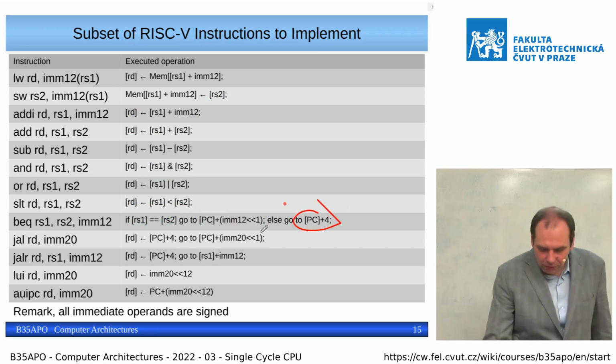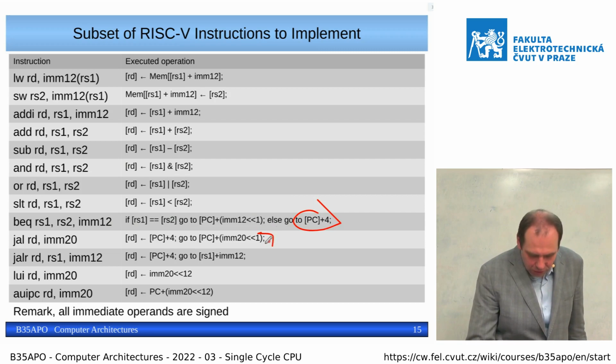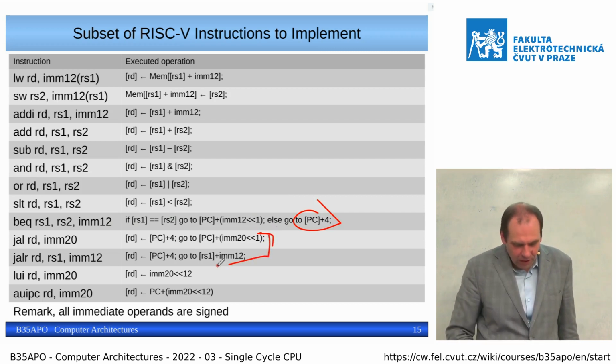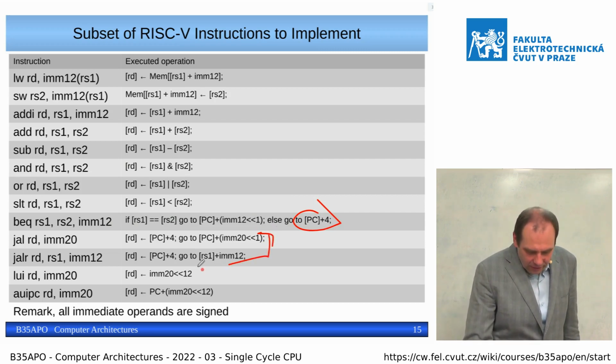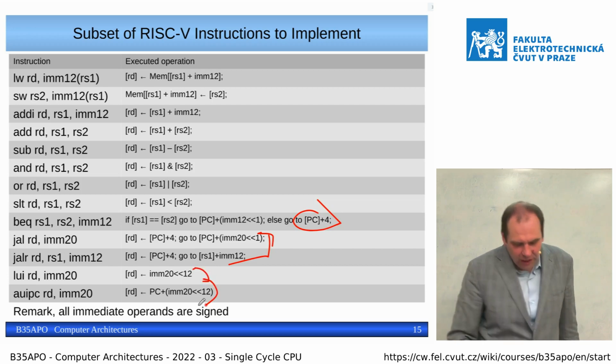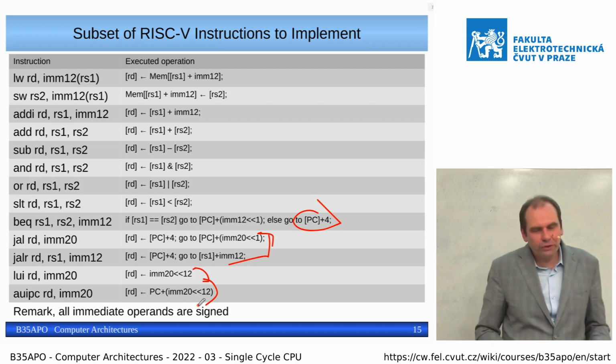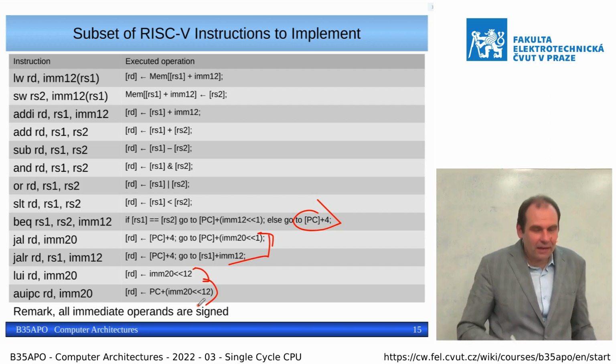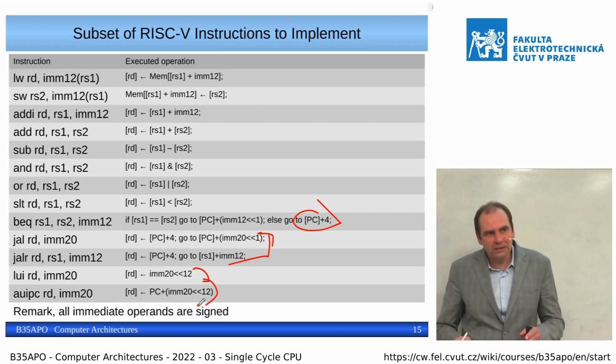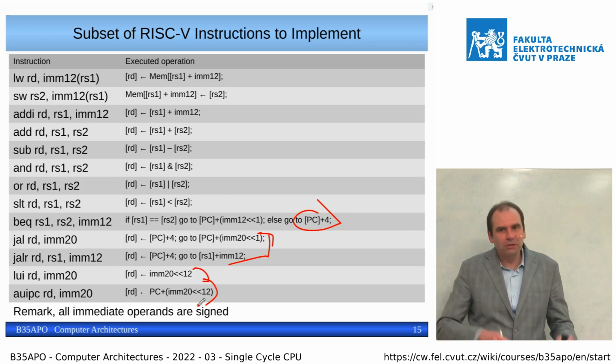And then there are those special instructions to call subroutines. We skip them for now. Then there are two instructions which allow setting a register to a full 32-bit value. Basically, we cannot encode 32 bits into a 32-bit instruction, because then there would be no space for the operation code.